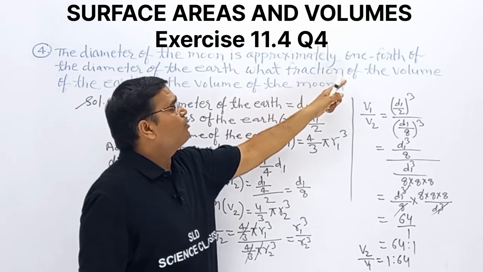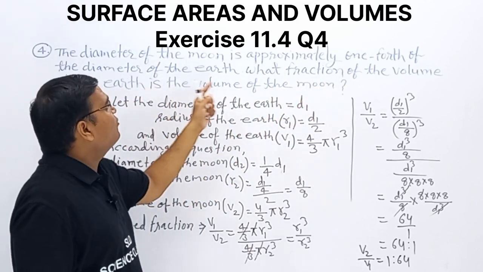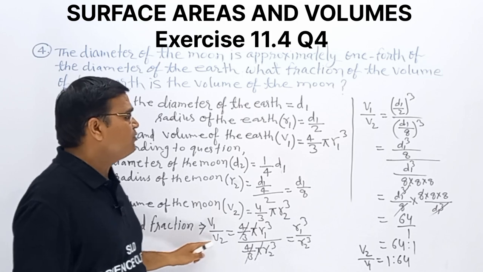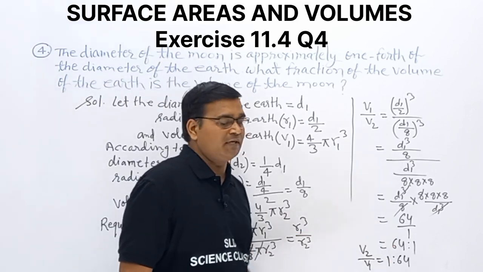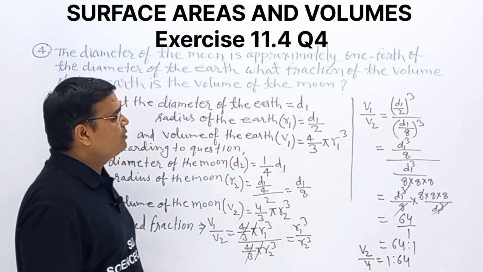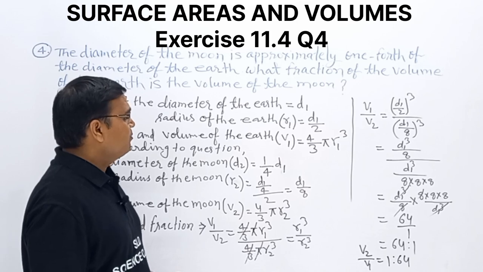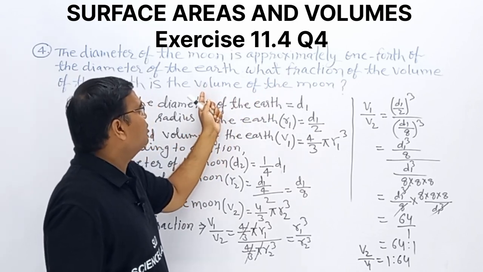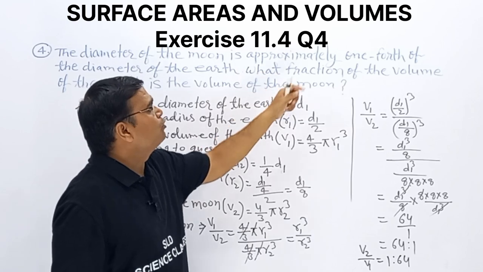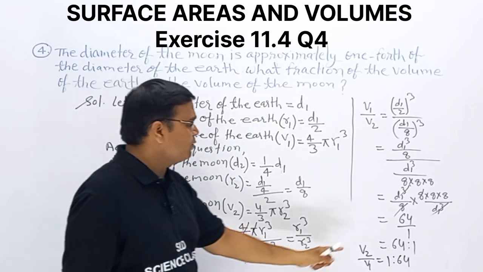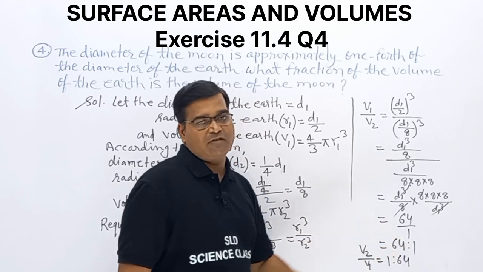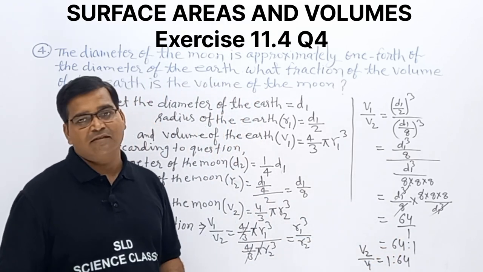The question asks what fraction of the volume of the earth is the volume of the moon. We calculated v1 upon v2 as 64 upon 1, or 64 is to 1. But the ratio of the volume of the moon to the volume of the earth will be 1 is to 64. So this is the required answer.